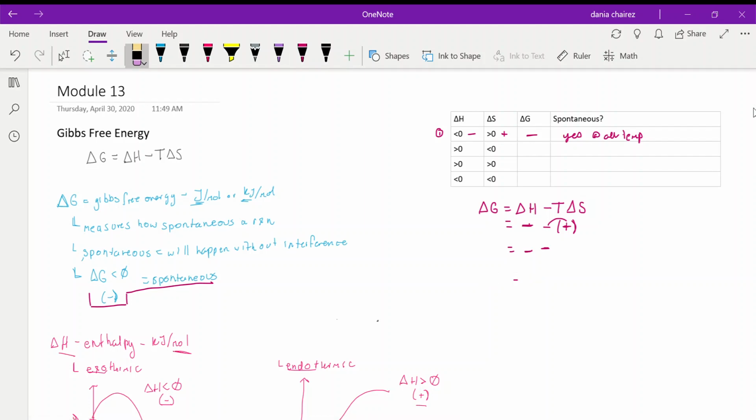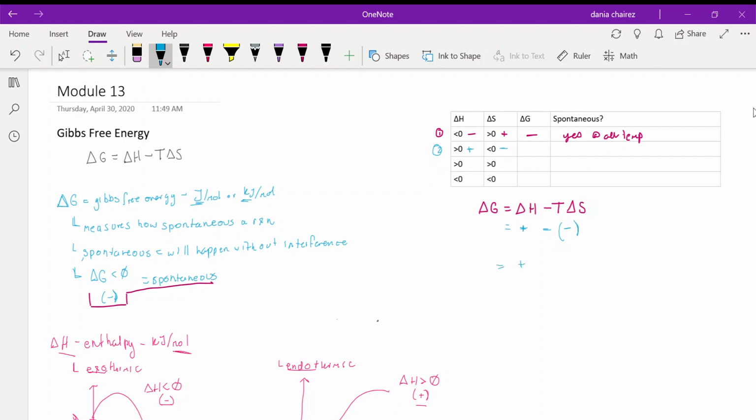Cool. So I'm going to erase this and go on to the next one, which I'm going to label as this one. So our delta H is greater than 0, it's positive. Our delta S is less than 0, which means it's negative. Oh wait, that's positive, my bad.